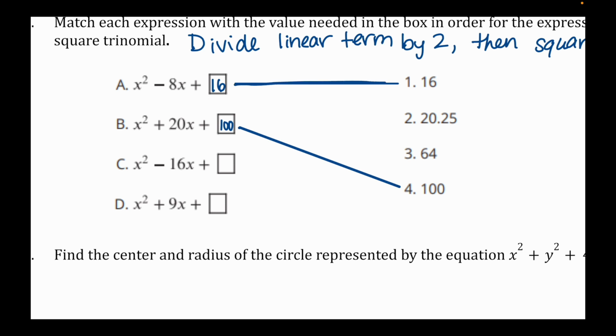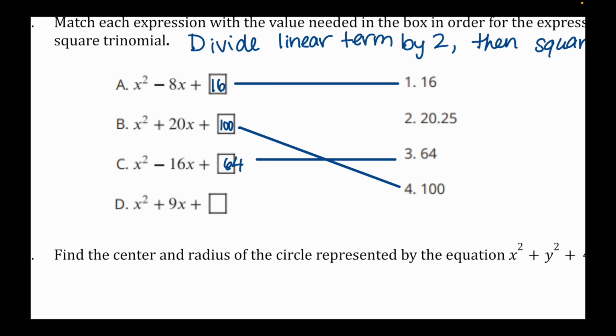For C, when we take negative 16, half of that is negative 8, and then 8 squared is 64. So this one is going to match up with 3.